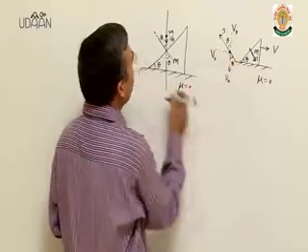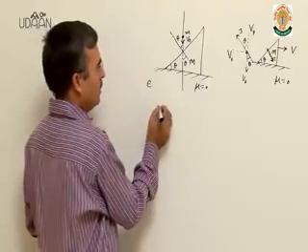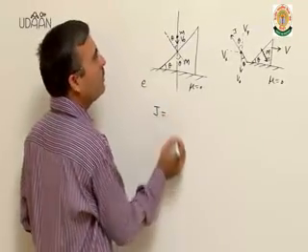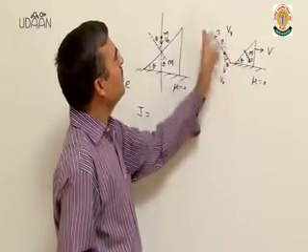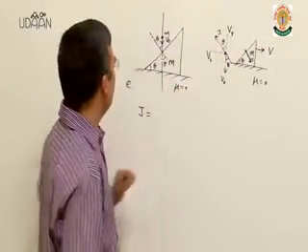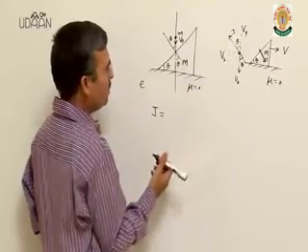That angle will be theta. Now J will be equal to, let that direction be positive for the impulse on the ball, the change in momentum of the ball.